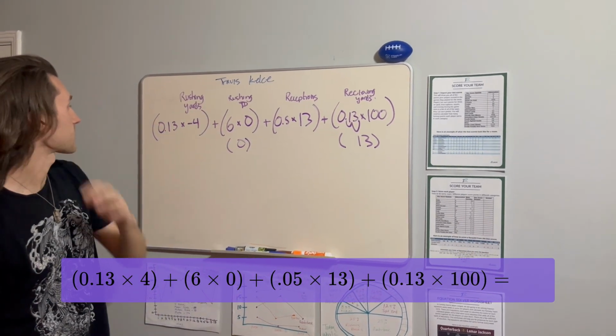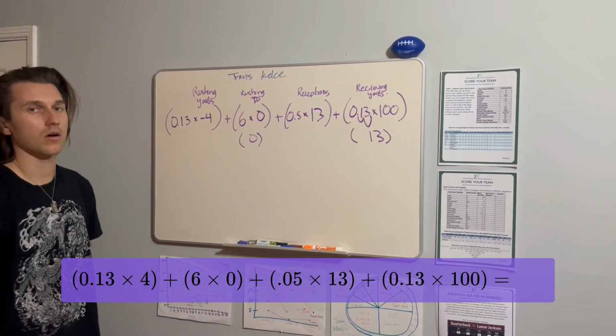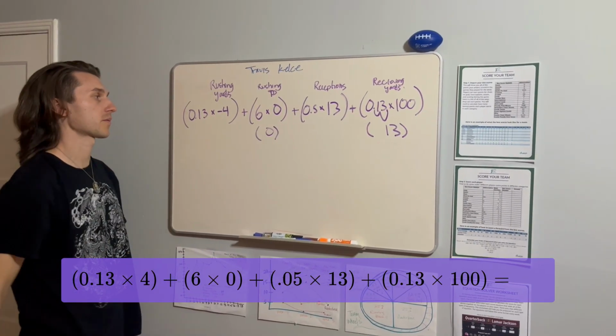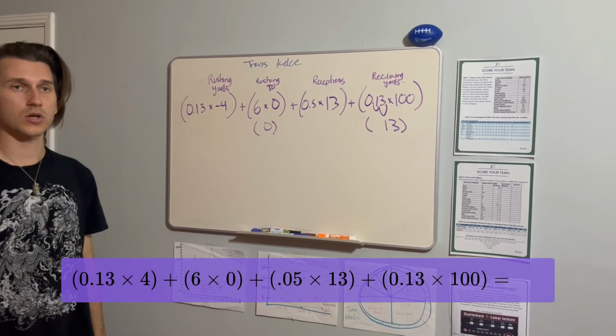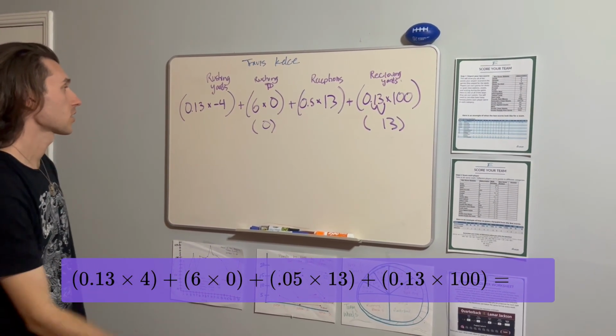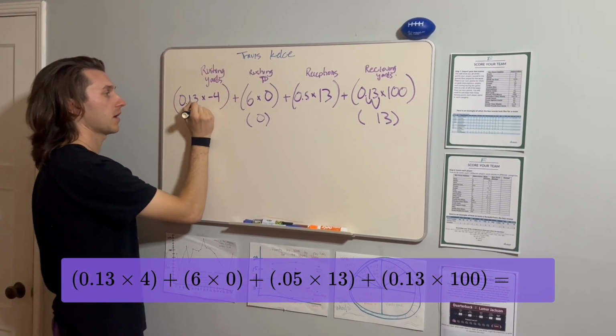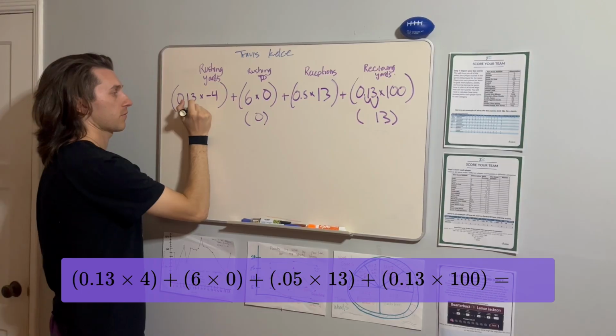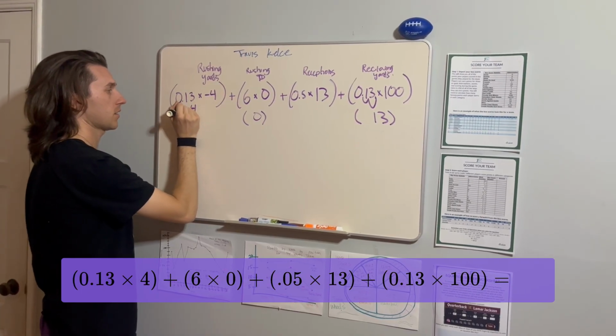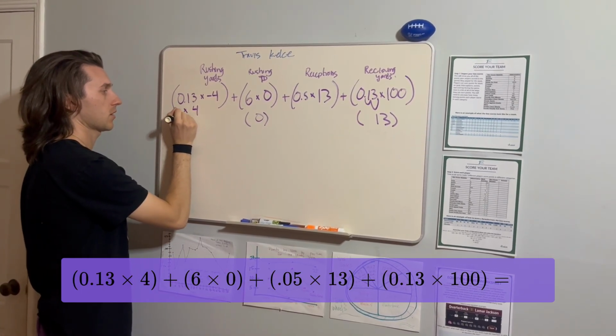All right, let's come back to our multiplication that we started with. We're going to use our standard multiplication techniques. I'm going to use 0.13 as my top, and then you're going to put 4 underneath it and do our multiplication here.